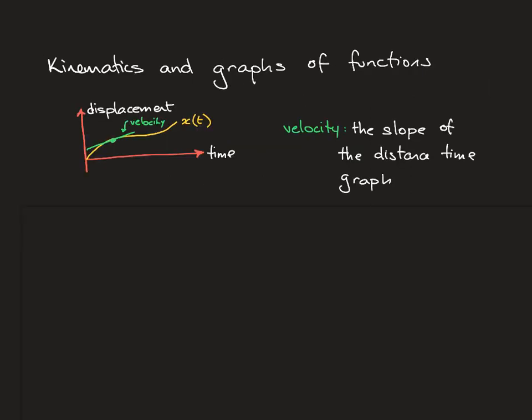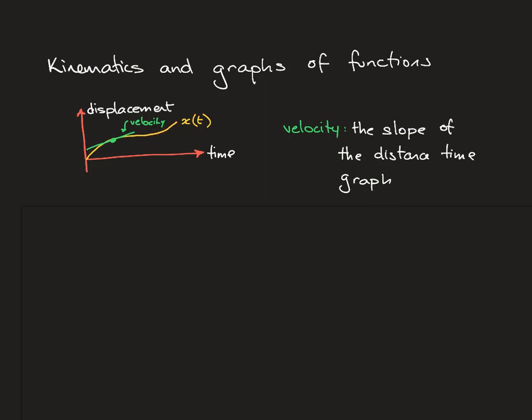The first graph we're going to look at is our displacement function. We graph displacement or distance against time, and we get some kind of lovely function that I've labelled x of t. On this graph, if you want to know the displacement at any time, you just read the points off the graph.